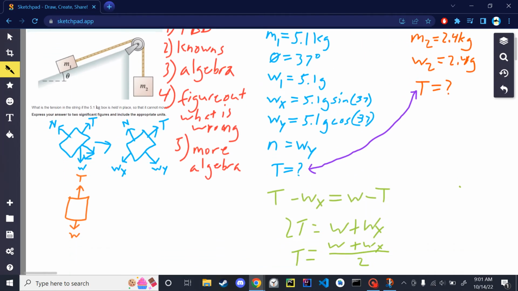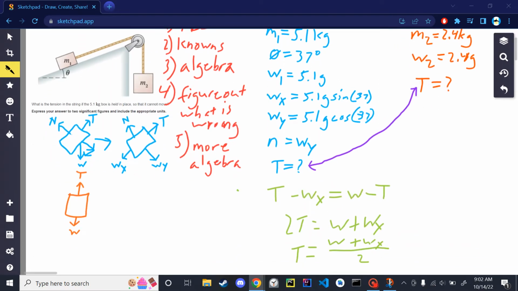So 2.4, 26.8 newtons. That's completely wrong. Nice.